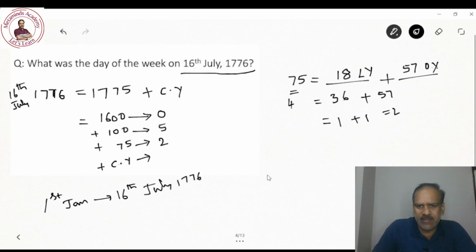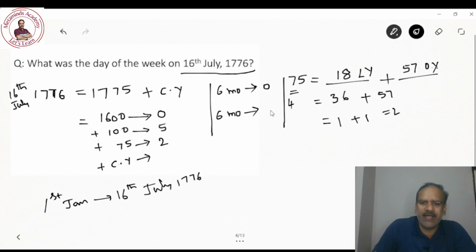But before that, remember this important point. The first 6 months of a leap year has 0 odd days. First 6 months of an ordinary year has 6 odd days.